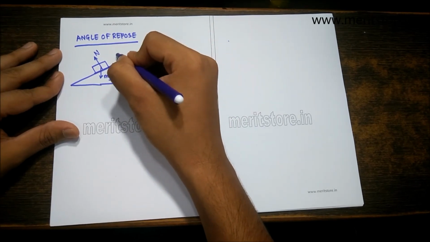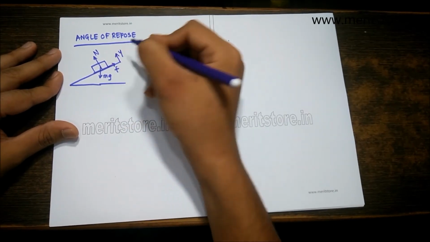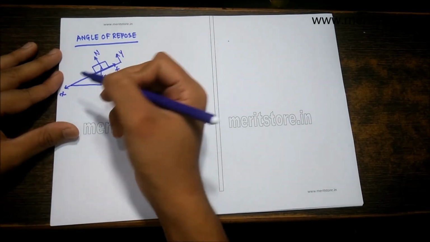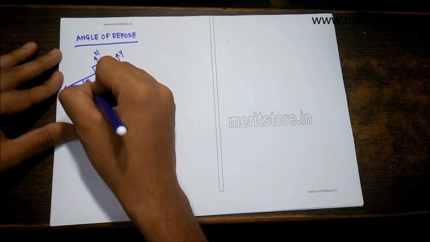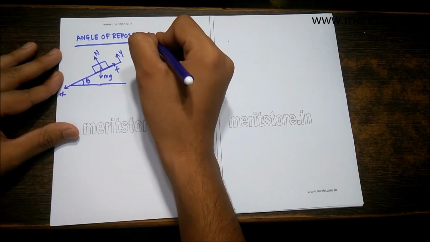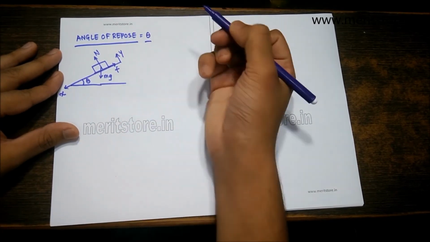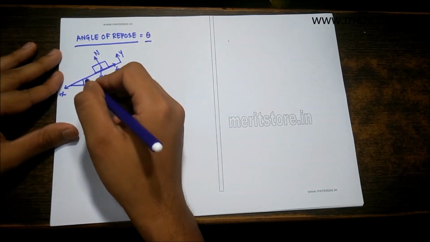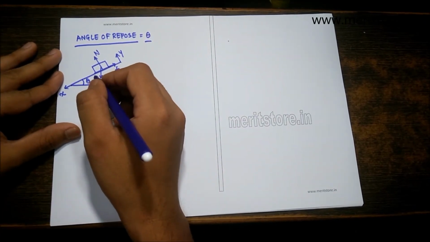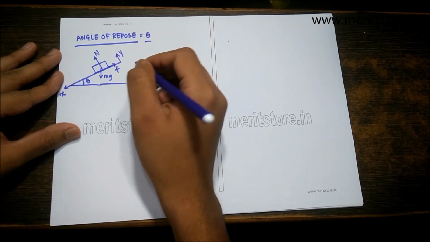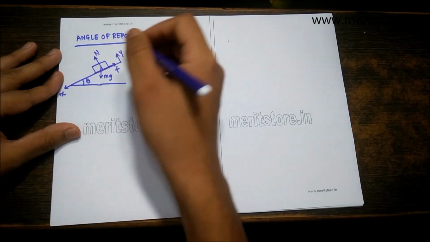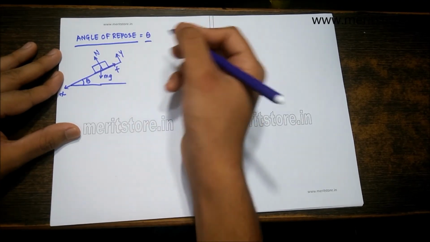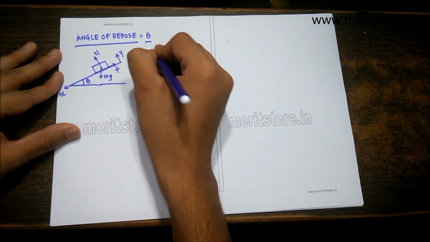So let this be our coordinate axis. This is my y-axis and this is my x-axis. This angle theta is known as the angle of repose. You want to know the numerical value of this angle of repose. To find that out, let us resolve these vectors in the x and y directions.